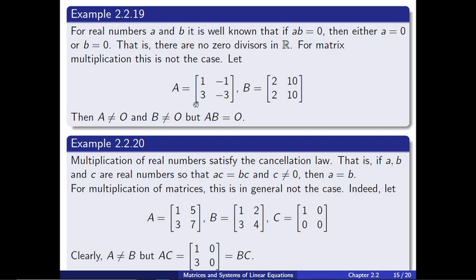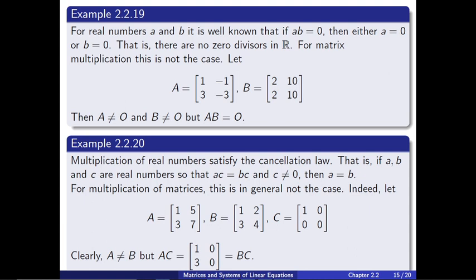So for matrices, there are 0 divisors. In real numbers there are no zero divisors, whereas in matrices there are zero divisors, as this example shows.